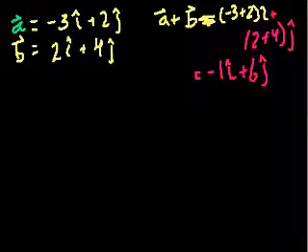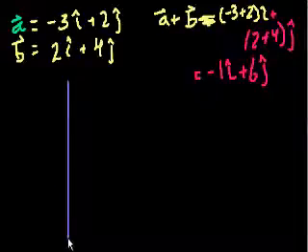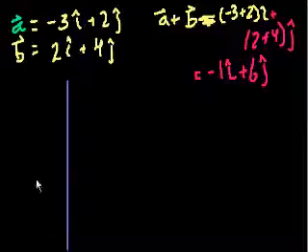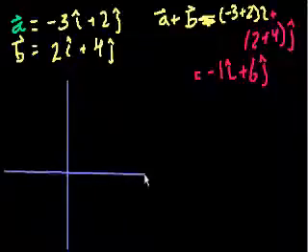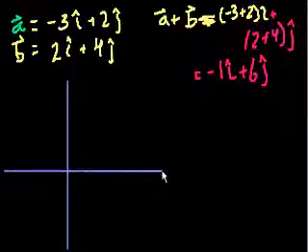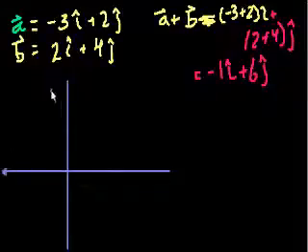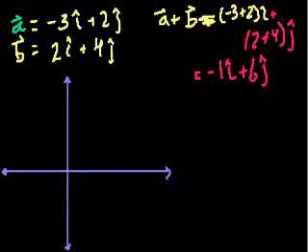Let me draw the axes. So that's my y-axis. And let me draw my x-axis. I have to make sure I have enough space to draw the vectors that we've drawn. Just to show you that the axes go on forever, I have to draw that arrow.